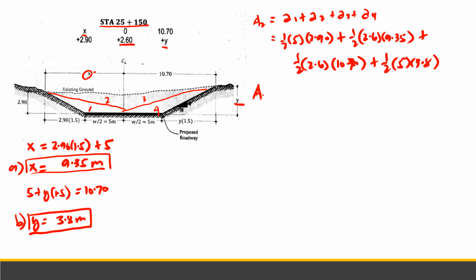So area 2 would be equal to 42.815 meters squared. So it is larger compared to our area 1 earlier.